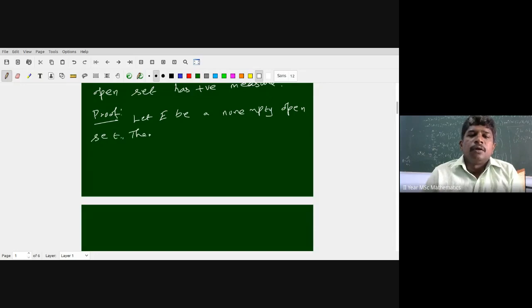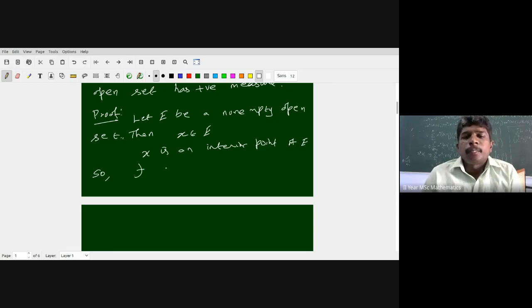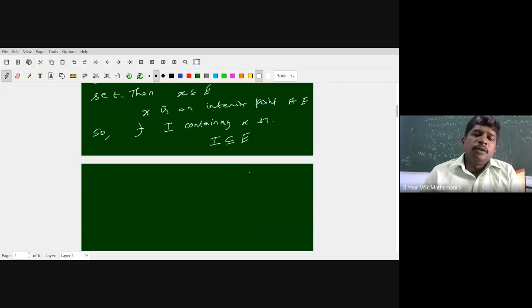Then it has a point, let us say that it is x. x is an interior point of E. So there is an interval In containing x such that In is completely inside E. So In is measurable, E is measurable.